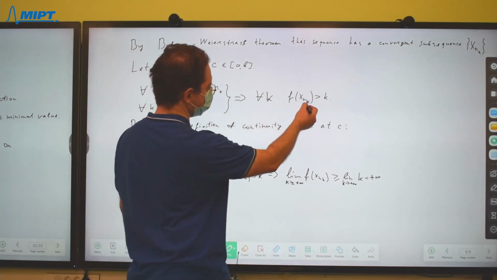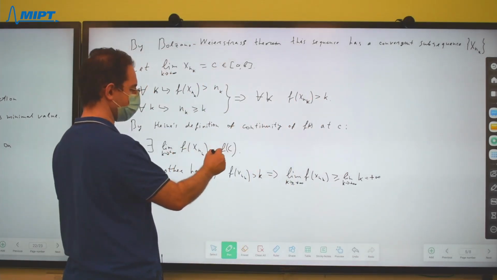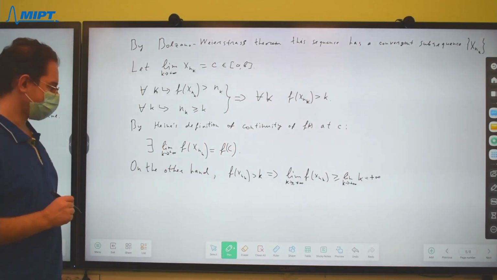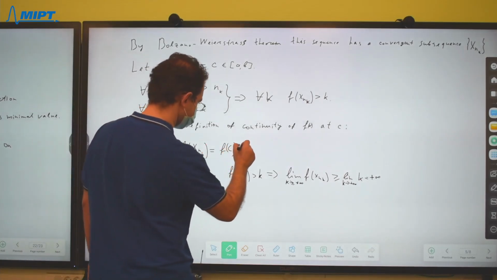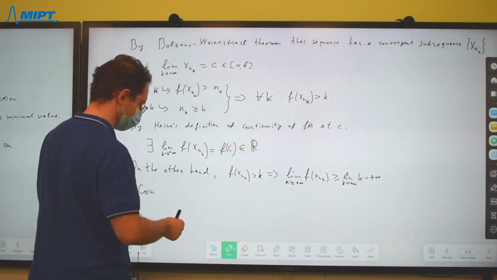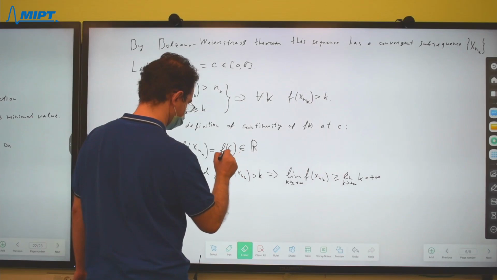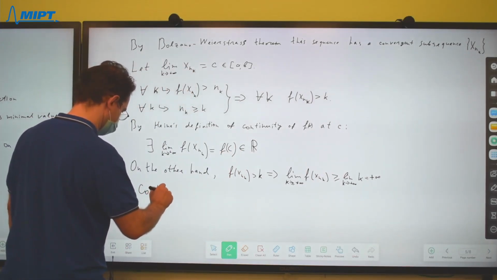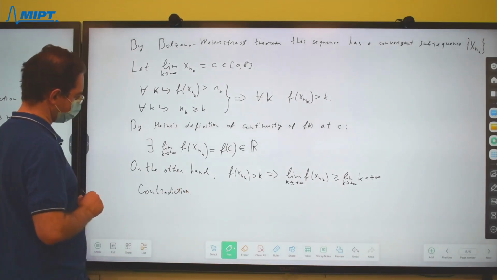So those numbers tend to infinity, but on the other hand, they should tend to f of c. Contradiction. So f of c, let's emphasize that this should be a real number. Contradiction.